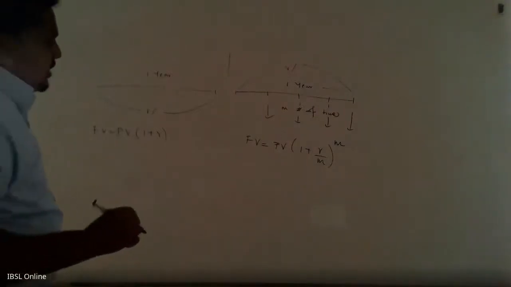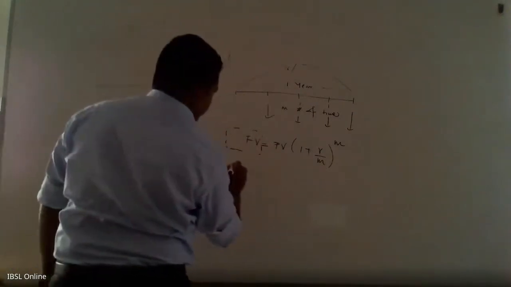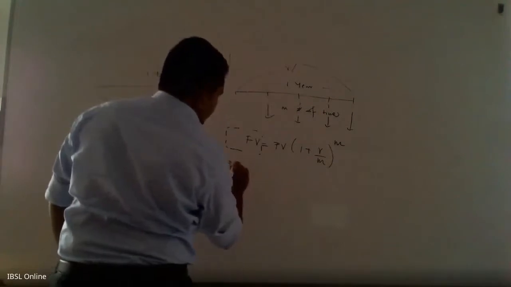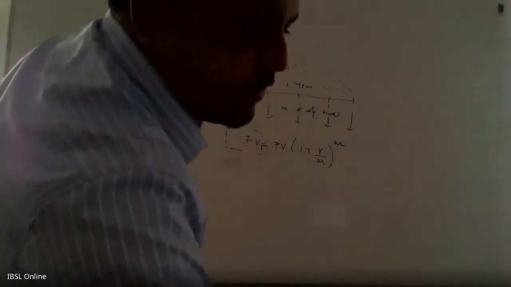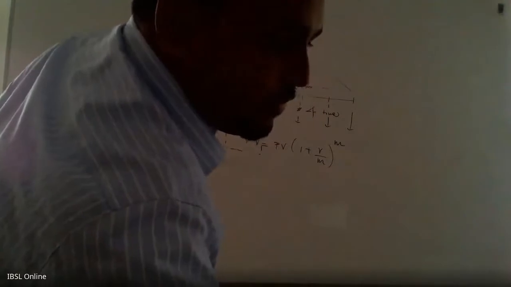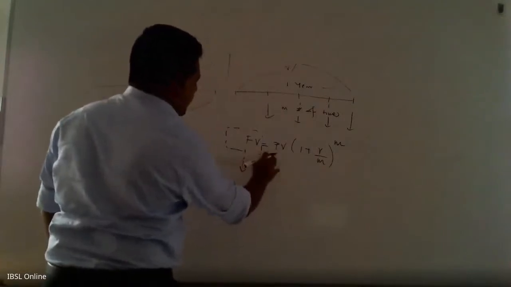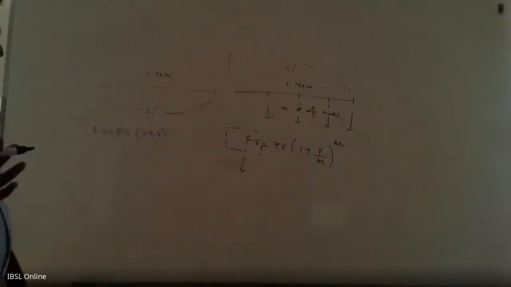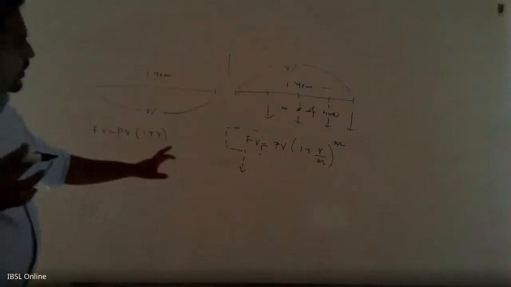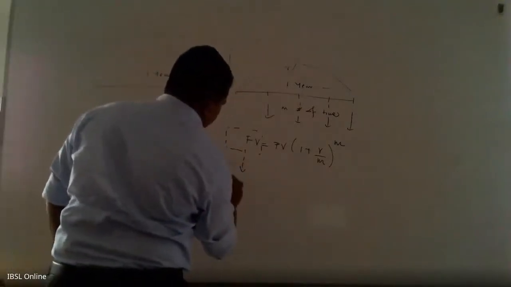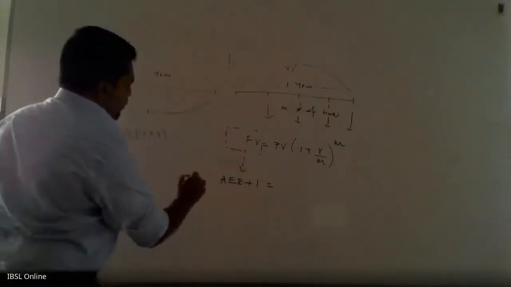So obviously what will happen is that this particular future value is going to be whatever you are going to calculate, that is this value that is coming from the PV into 1 plus R. That means the annual effective rate plus 1, PV.